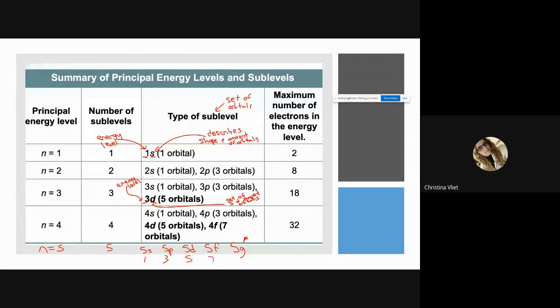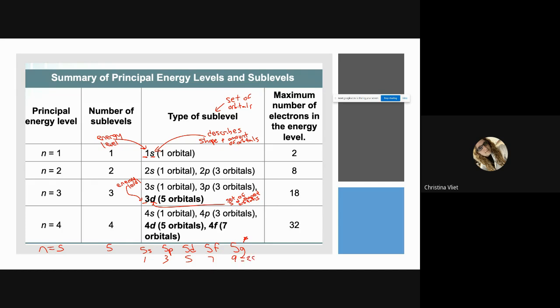So it logically follows that G is 1, 3, 5, 7, 9. That's a pattern. So then, what would the amount of electrons that could be held in energy level 5 be? Count the orbitals. 9 plus 7. You can use a calculator. 9 plus 7 is 16. 16 plus 5 is 21. 21 plus 3 is 24. 24 plus 1 is 25. Add those numbers up. You get 25 orbitals.